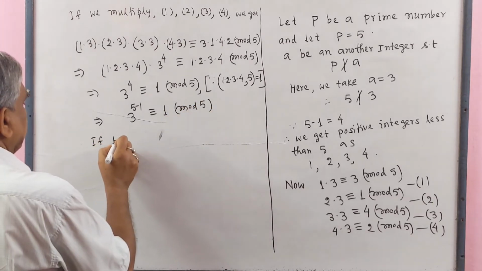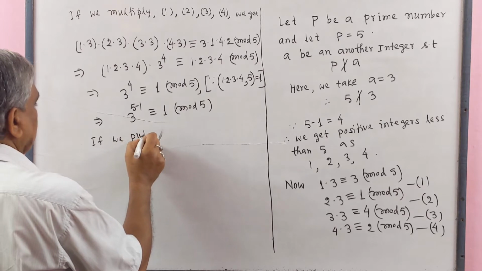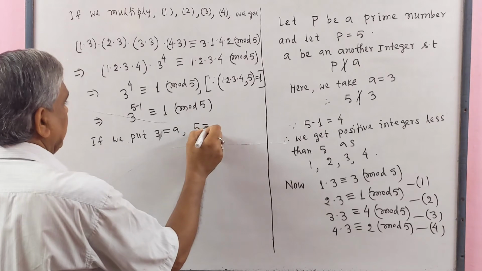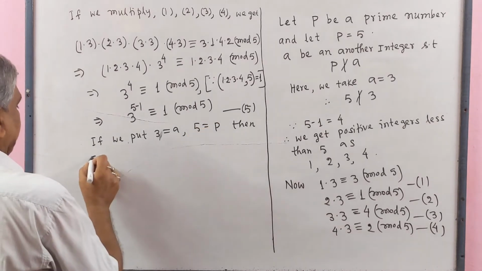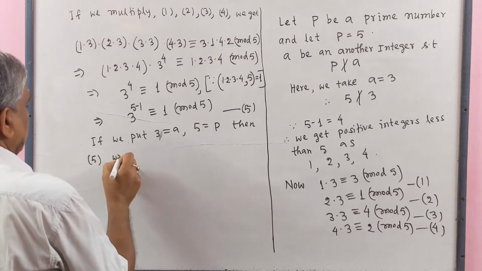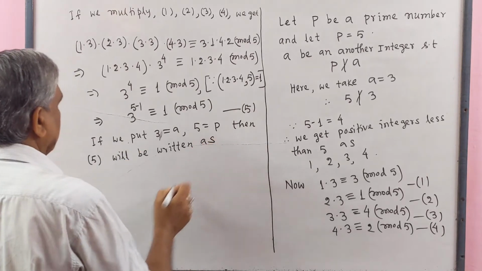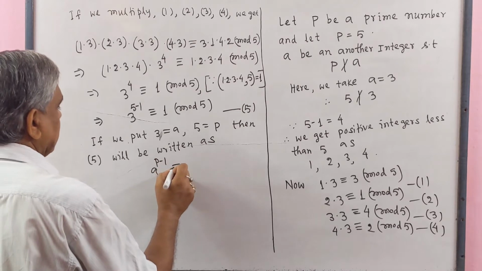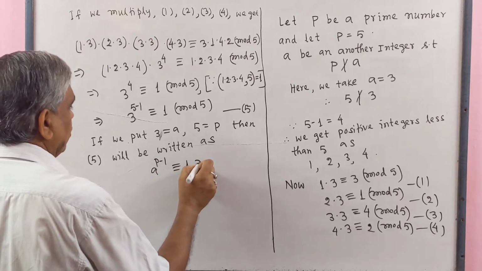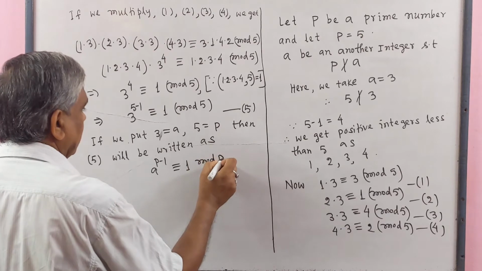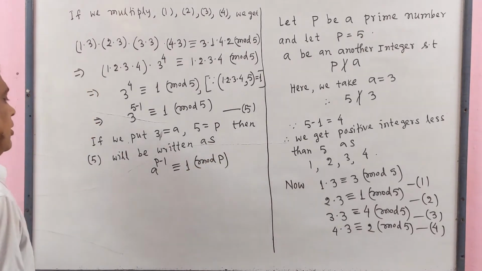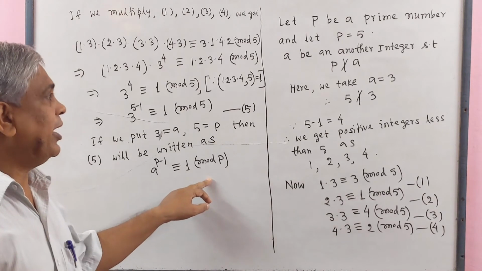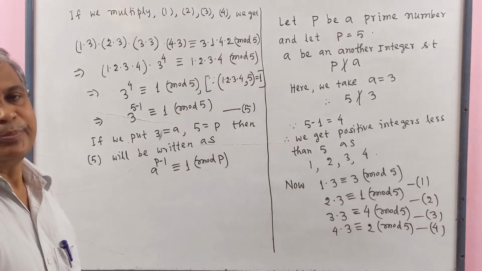If we put 3 equal to A and 5 equal to P, then this will be written as A to the power P minus 1 is congruent to 1 modulo P. And this formula is the Fermat's little theorem.